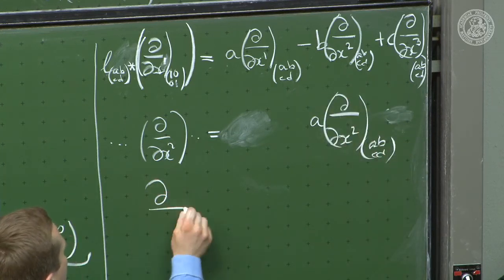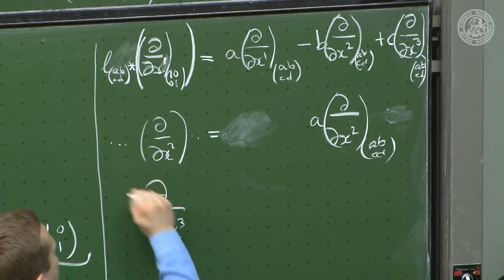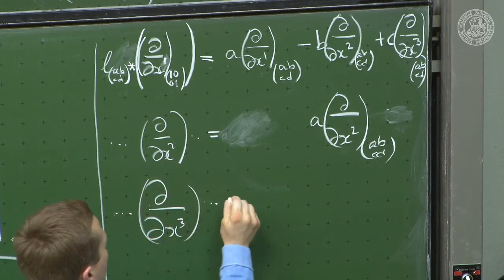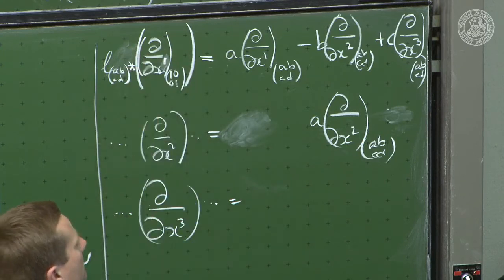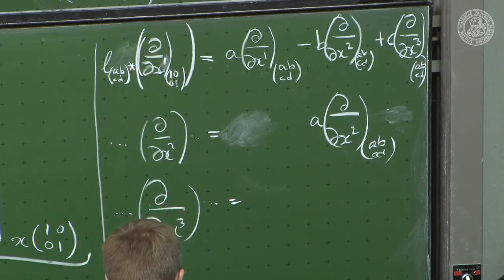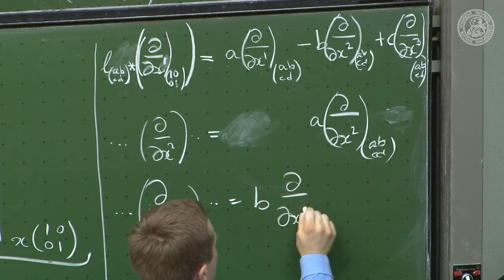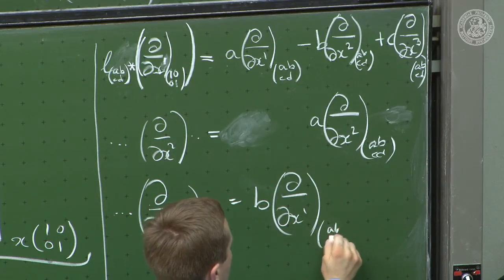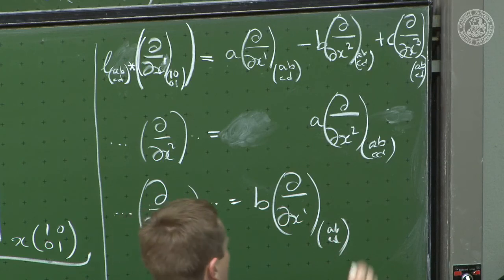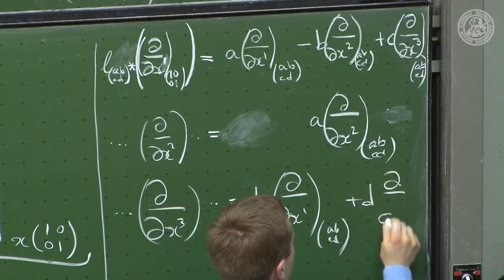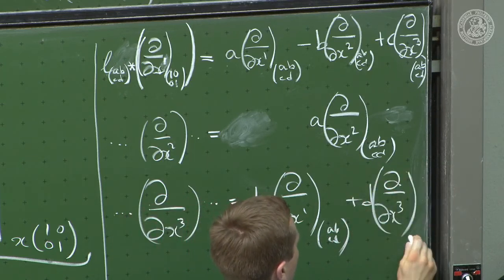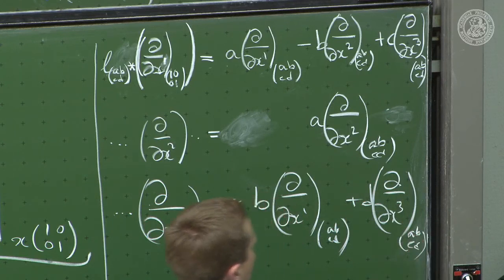And the final one is the push forward of the x3 at the identity, this whole dressing up here, and you get B, 0, D. So you get B d by dx1 at A, B, C, D plus D times d by dx3 at A, B, C, D.